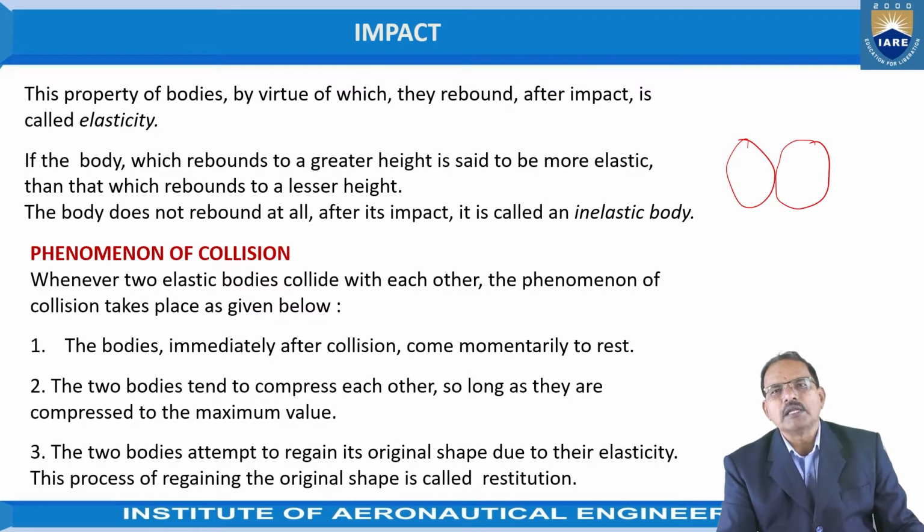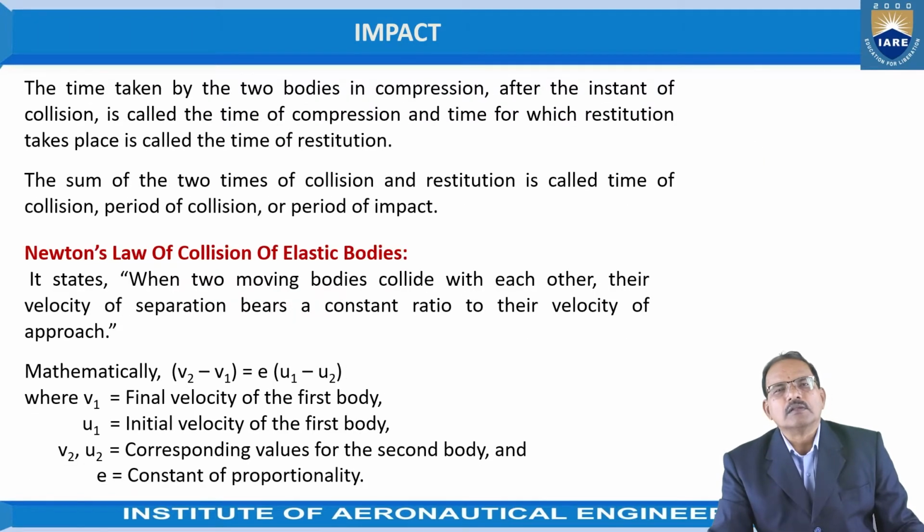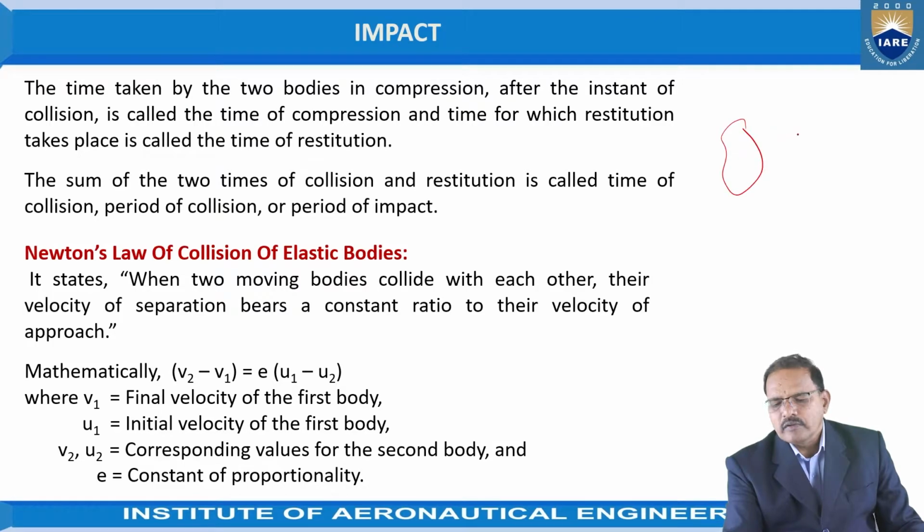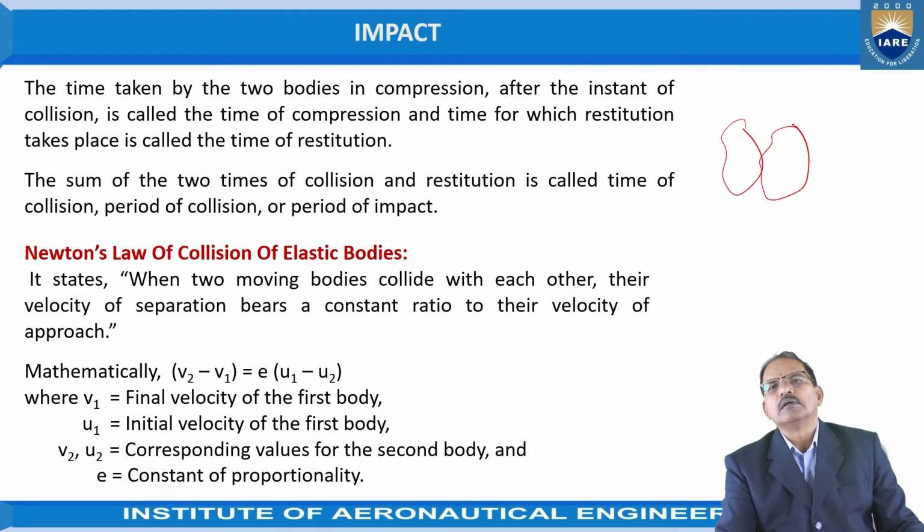The two bodies attempt to regain their original shape due to their elasticity. The process of regaining the original shape is called restitution. The time taken by the two bodies in compression after the instant of collision is called the time of compression. When the two bodies collide with each other, they compress to the maximum.